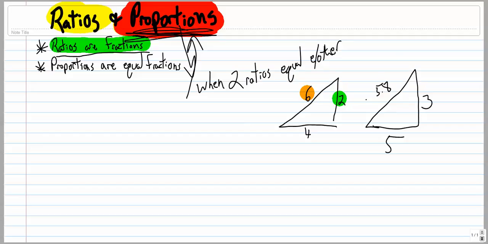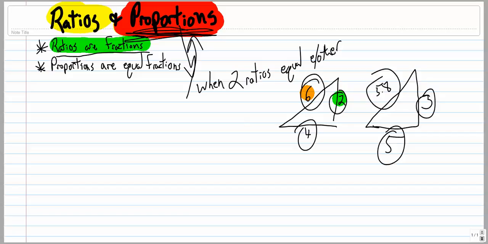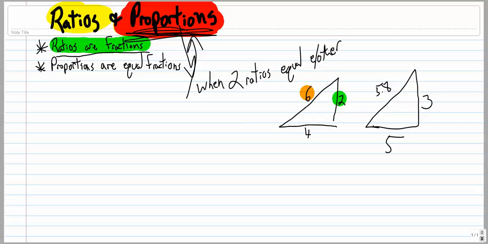Okay, so these two triangles, are they proportional or not? Well, we've got the shortest side, a little bit longer side, and then the hypotenuse. So we will pick a couple of those, and since I already picked the shortest side and the hypotenuse, I'll do the same thing again. So here's that, and then here's this. So these are the sides I'm going to look at.